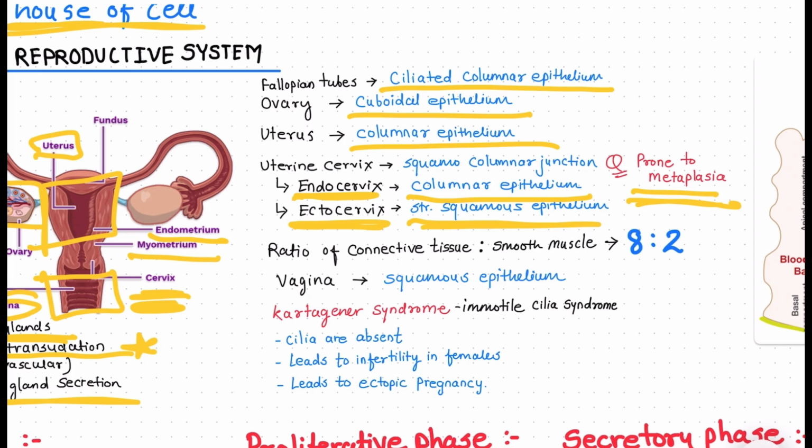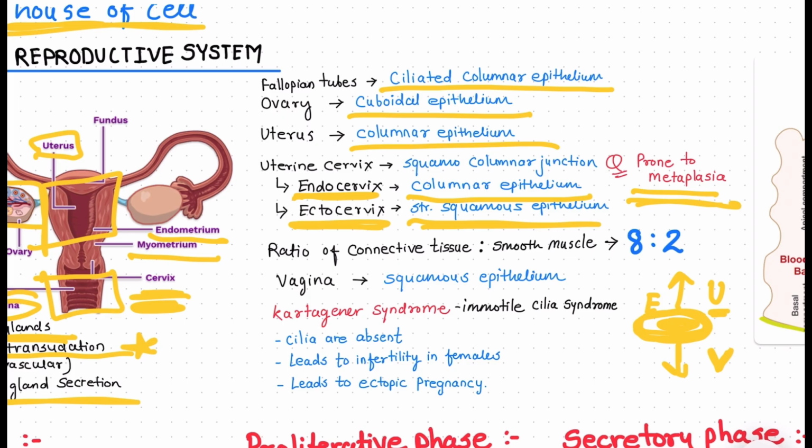It has similar features like anus, okay, as we saw in the previous lecture. There was also the same type of transition, and here also, above the cervix there is uterus, and below the cervix there is vagina. So the transitional zone, that is the cervix, will contain characteristics of both parts, upper and lower. The endocervix, towards the uterus, will have the same lining as the uterus, columnar epithelium.